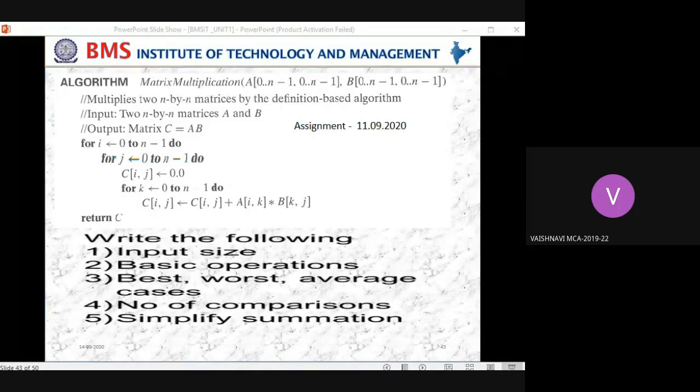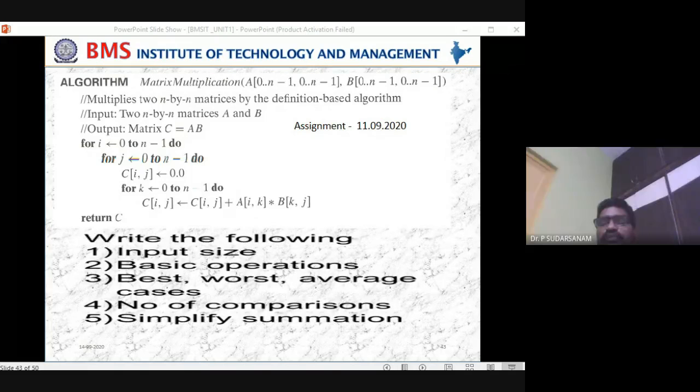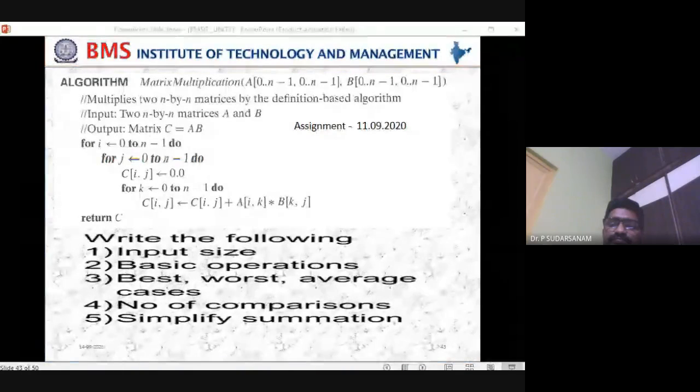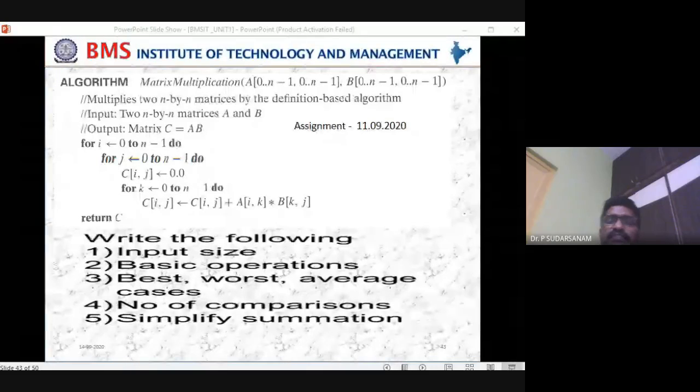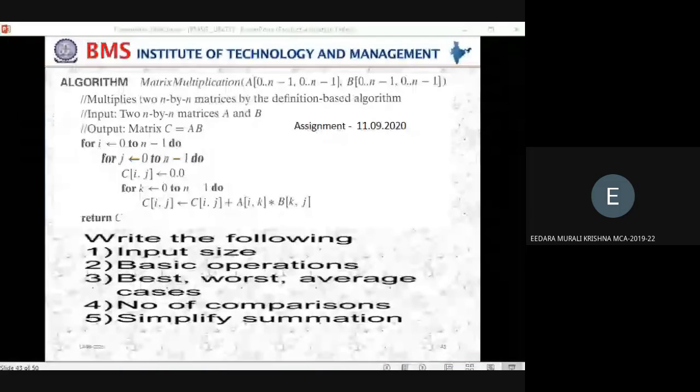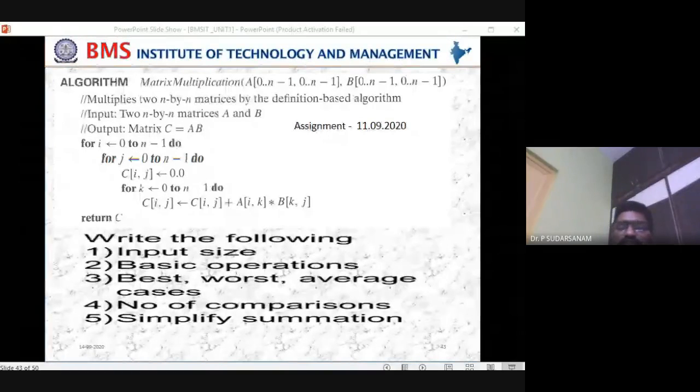I got the first 3, the rest, 4 and 5, I didn't get. What was the problem? You should have asked when I told you in the class. Arjun? Yes, sir, I got it. Ashok? Yes, sir, I did it, and I mailed it already. Murali Krishna? Sir, I am also done. Okay, so you also got the mail with whatever I told. Yes, sir.